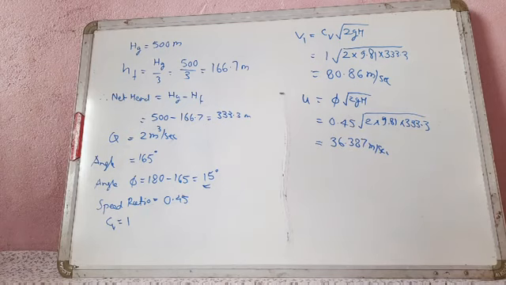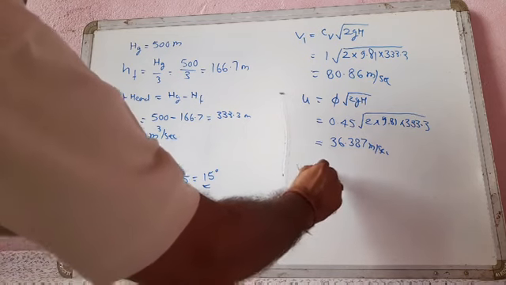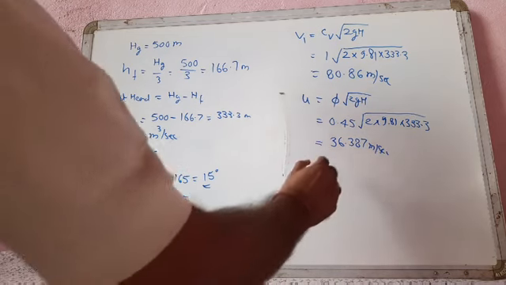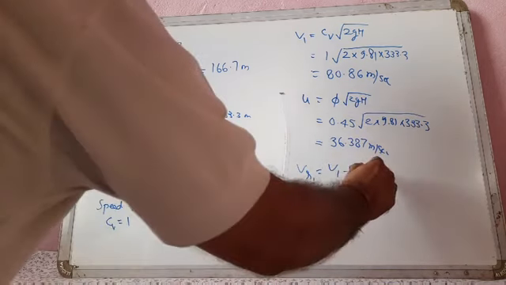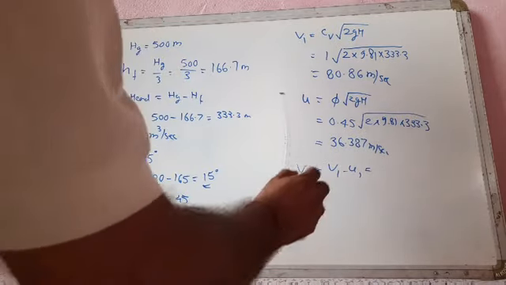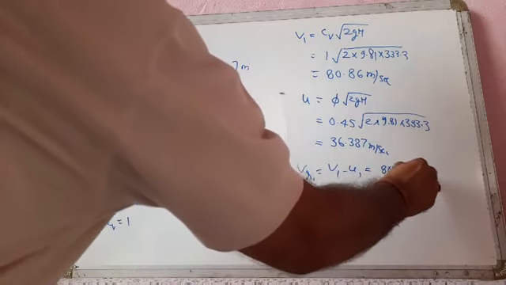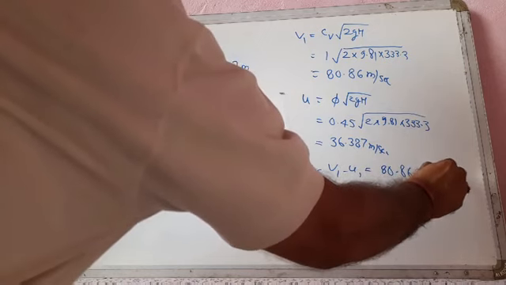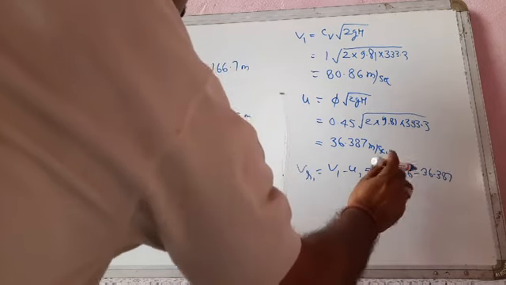Now we have to make the velocity triangle, and from that we have to calculate Vr1 equal to V1 minus U1. So it is very important to make the velocity diagram, the velocity triangle. This is 80.86 minus 36.387.